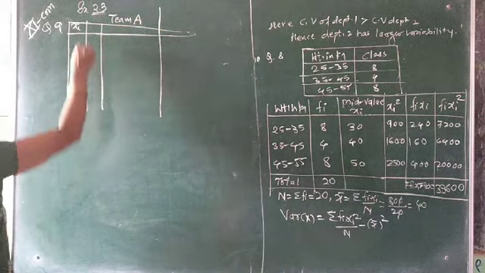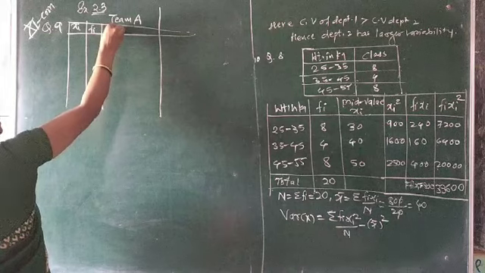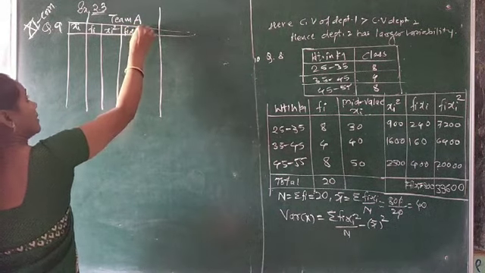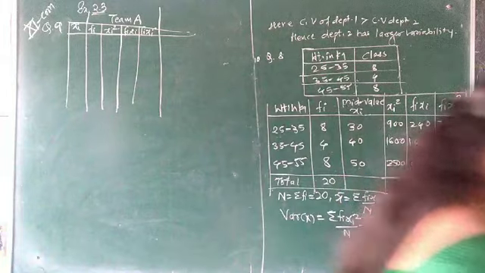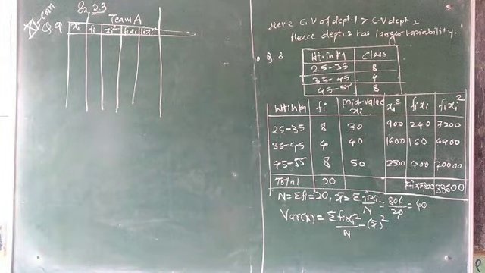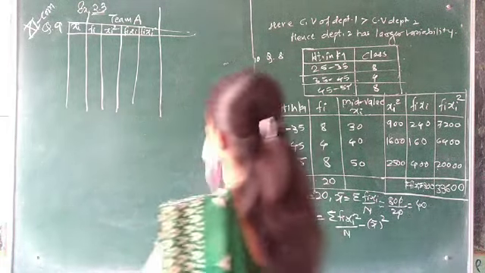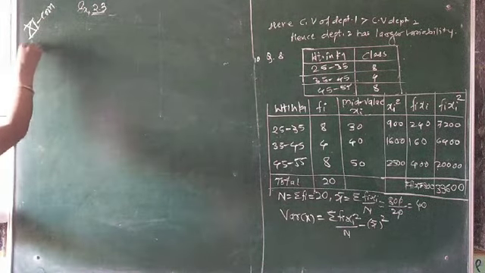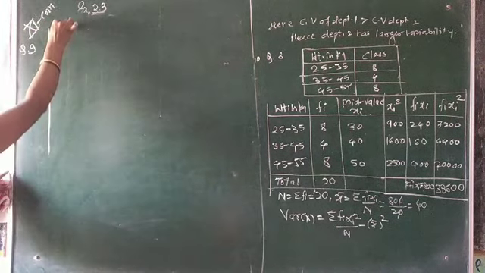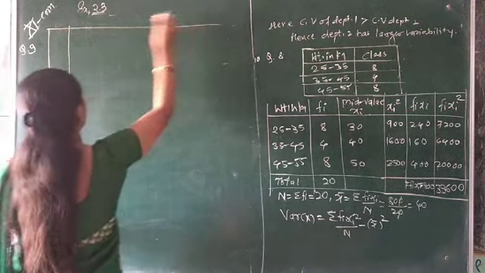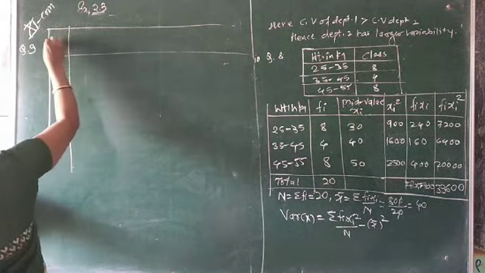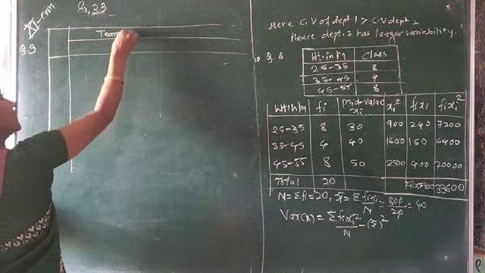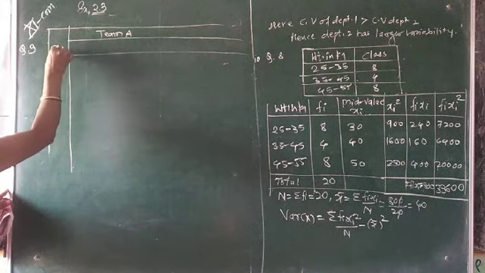Team A: fi, xi square, fi xi and fi xi square. The xi is fixed for both the teams.